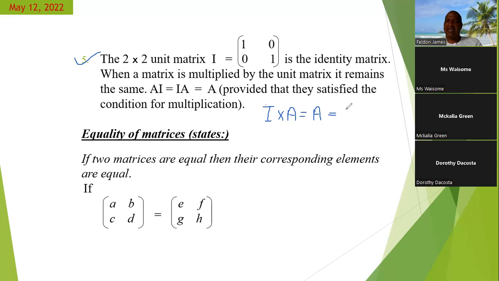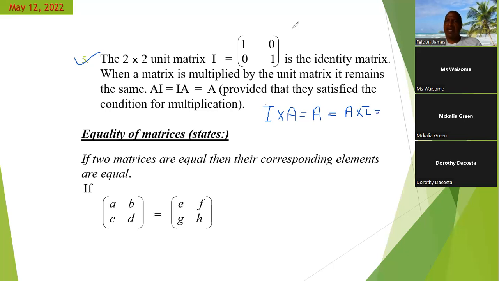So we can say A times I, and you will still get back A. Let me write this: A times I, we would get back A.